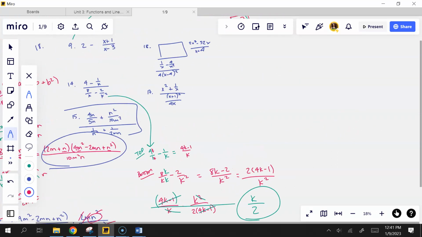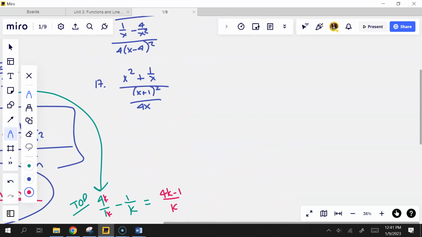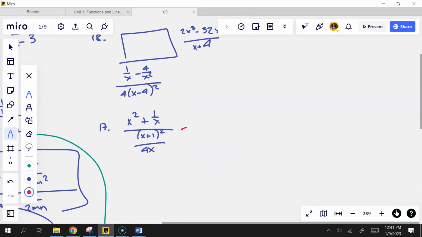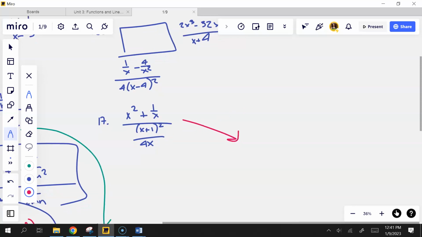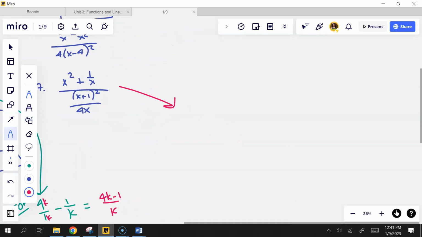Okay. All right. Let's look at number 17. LCD! X. So I need to give this one an X. I end up with x cubed plus 1 over x.